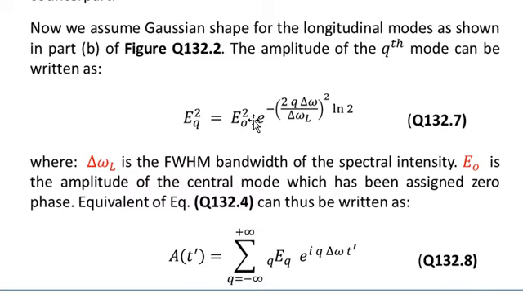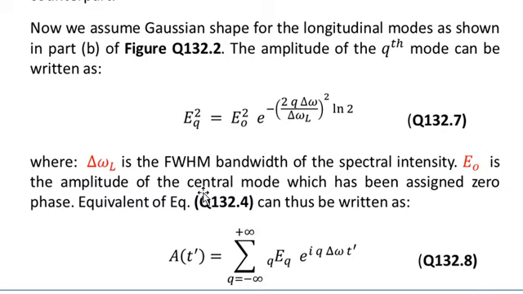This is the intensity of the mode, where E naught is the amplitude at the center of the Gaussian profile, and E q is the amplitude of the qth mode, where delta omega L, which I have shown over here, is the full width half maximum bandwidth of the spectral intensity.